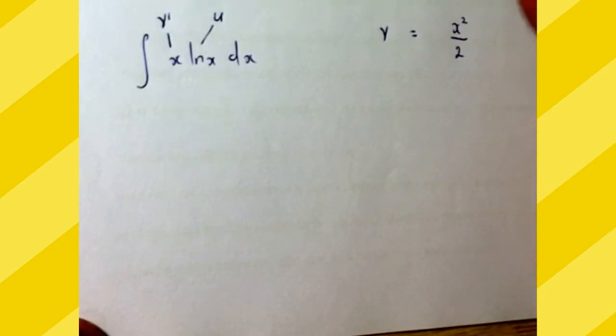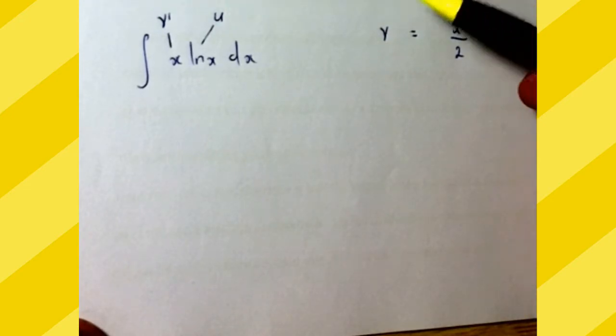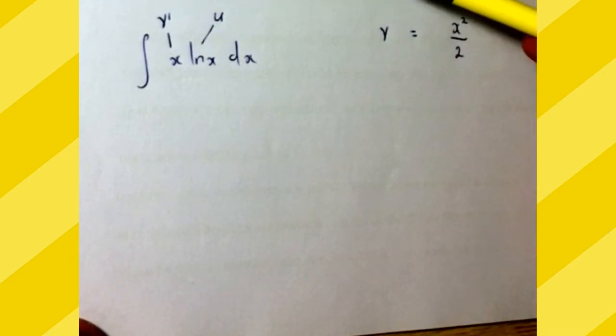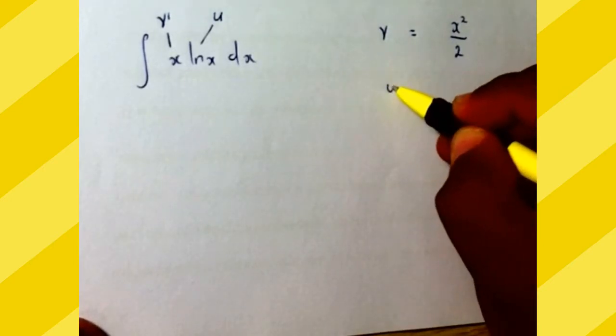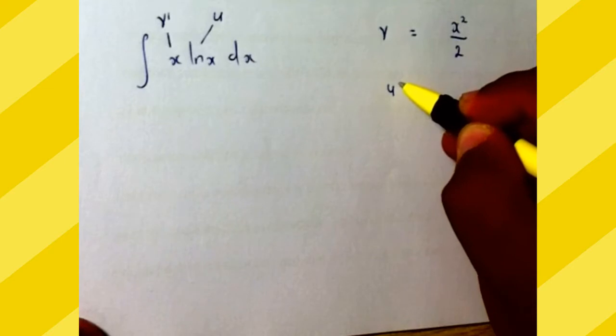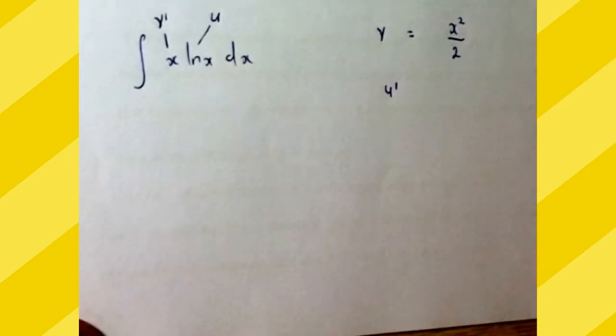Generally we need to write plus a constant, but for now we're not going to write it because it's not necessary. We are going to put the constant at the end.